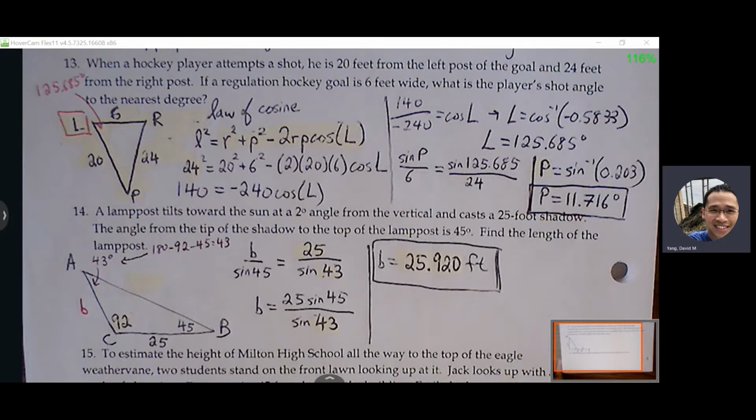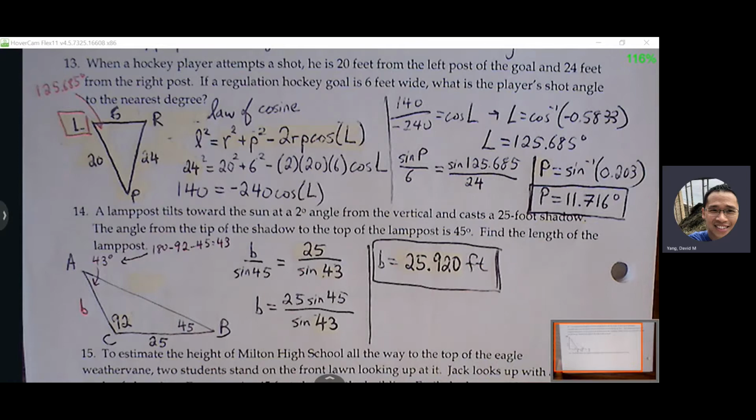You have negative 0.58. You want to do inverse cosine of negative 0.58. You want to do cosine of it first, right? So take care of the top portion.